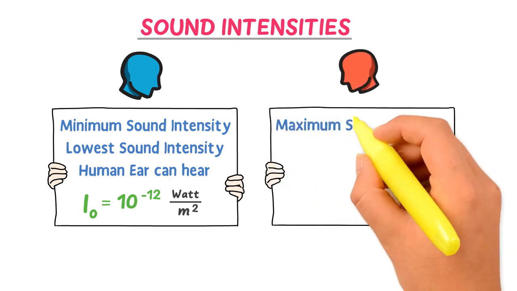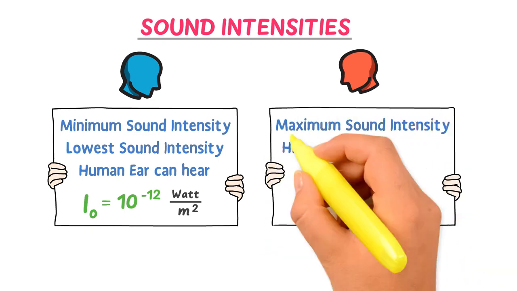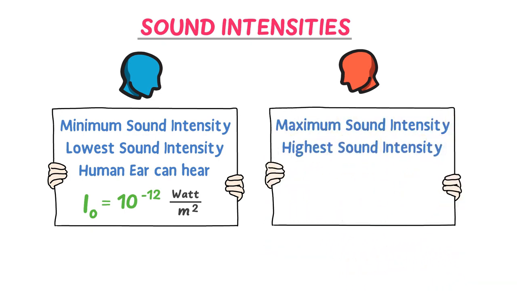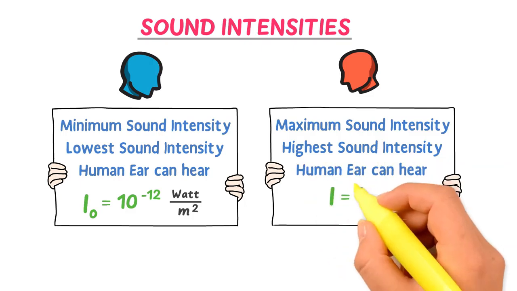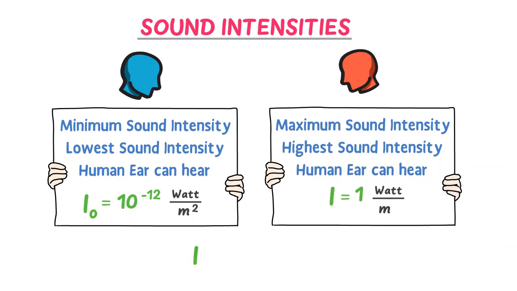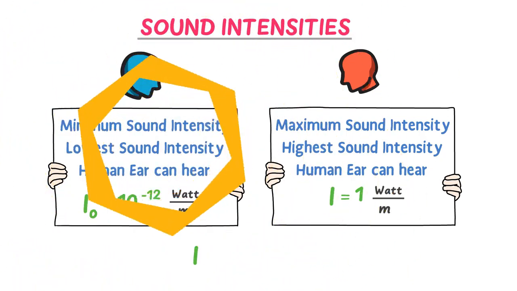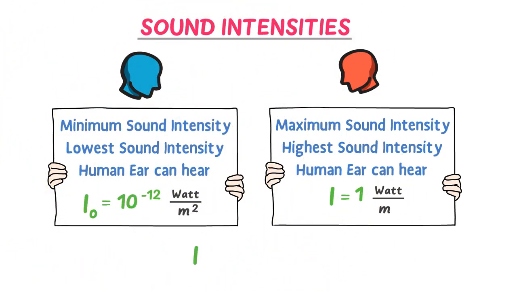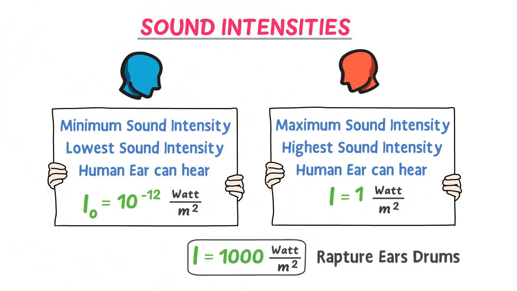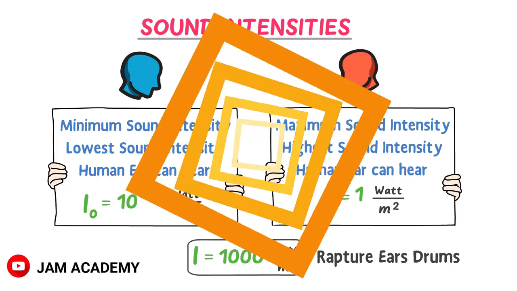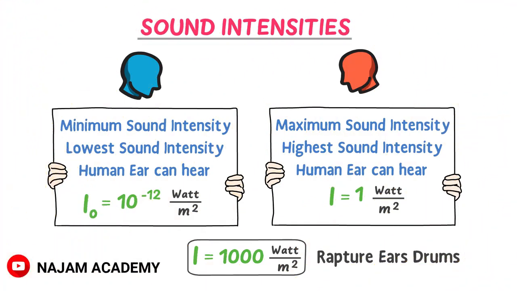Secondly, the maximum sound intensity or highest sound intensity the human ear can hear or detect is I is equal to 1 watt per meter squared. Thirdly, a sound intensity of 1000 watt per meter squared can rupture or destroy your eardrums. This was all about sound intensity.